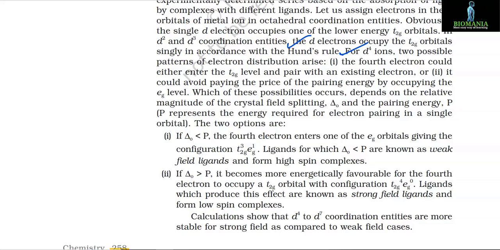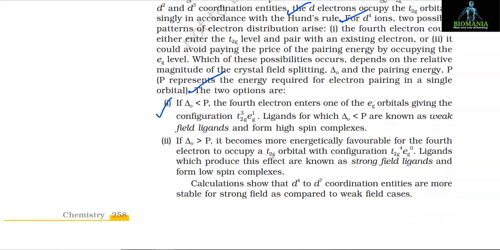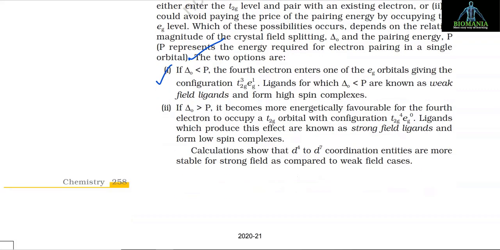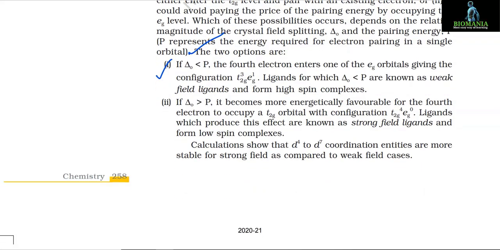P represents the energy required for electron pairing in a single orbital. The two options are: number 1, if delta naught is less than P, the fourth electron enters one of the eg orbitals, giving the configuration t2g3 eg1. Ligands for which delta naught is less than P are known as weak field ligands and form high spin complexes.